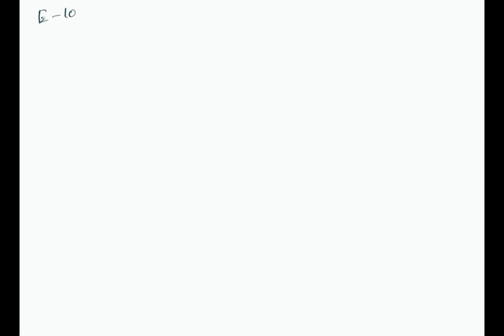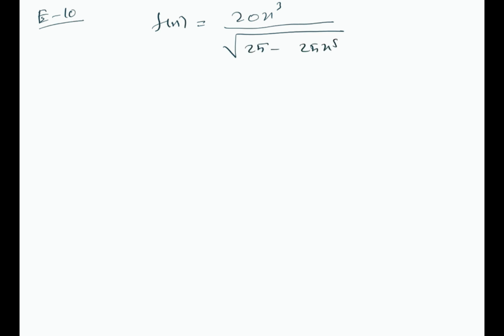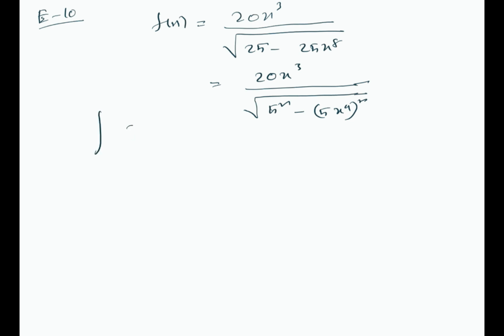The function for example 10 is 20x cubed over square root of 25 minus 25x to the power 8, which can be written, simplifying a little bit, as 20x cubed over the square root of 5 squared minus 5x to the power 4 all squared, dx.